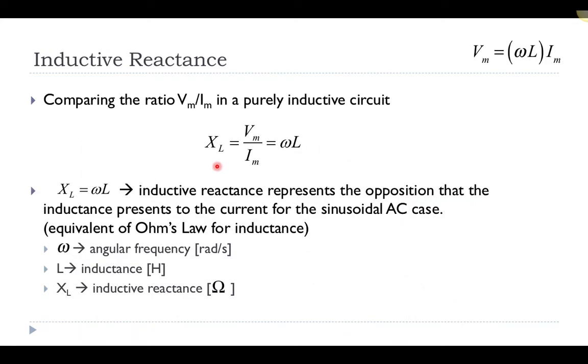If we compare, and I sort of alluded to this before, the amplitude of the voltage across the inductor to the amplitude of the current, we had this expression where I basically pulled out the terms that were in front of that cosine. That was the angular frequency, the inductance, and then the current.